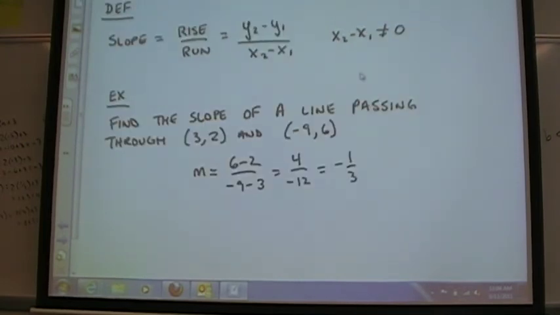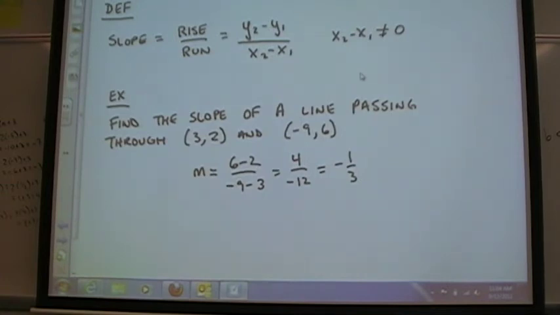All right, write down that definition. All right, slope is rise over run.